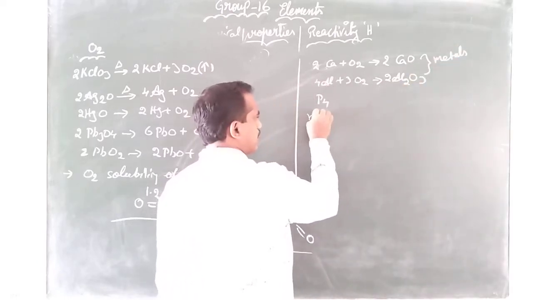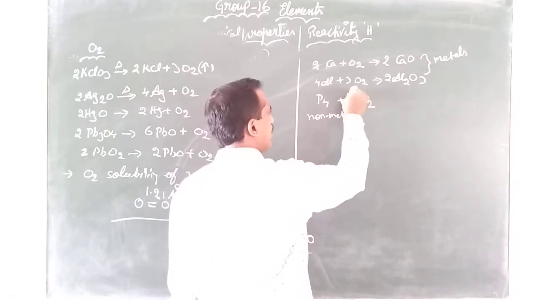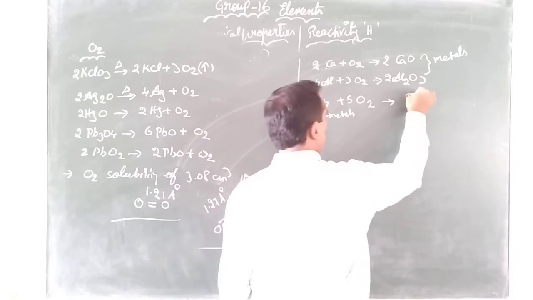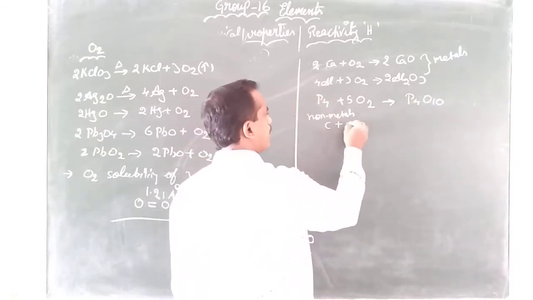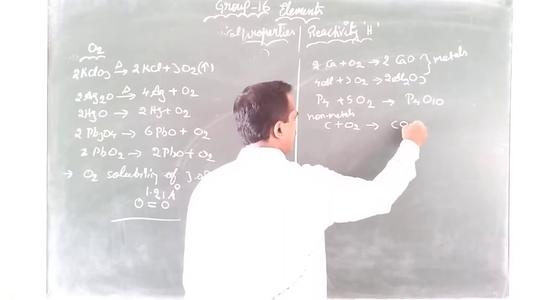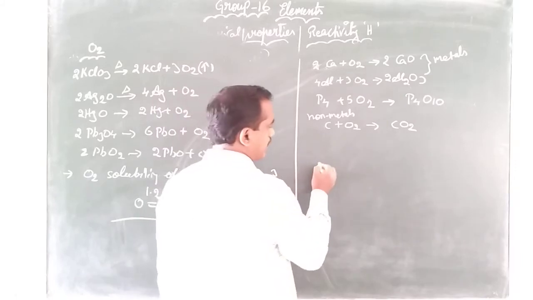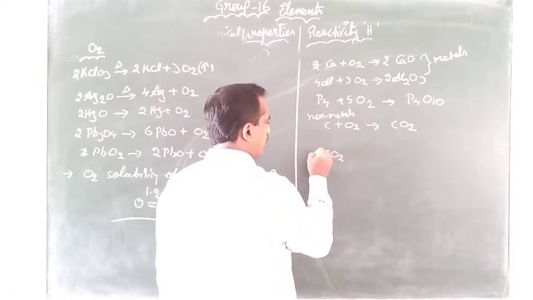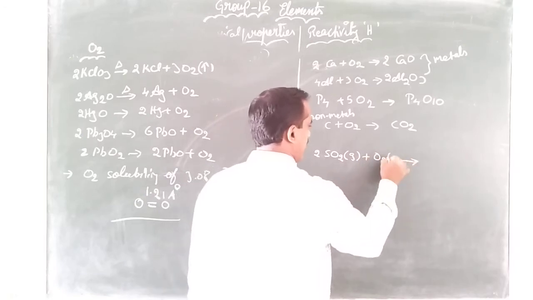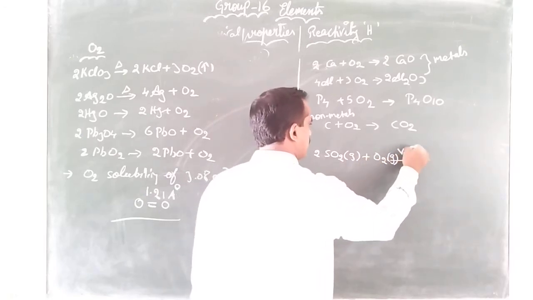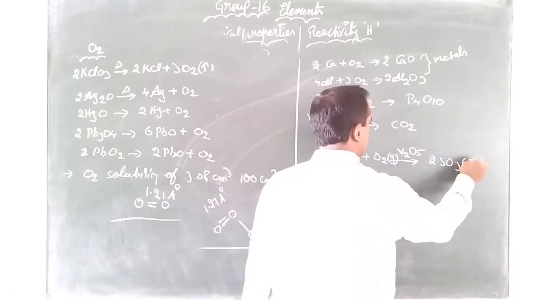Coming with non-metals, it is reacting with a non-metal like phosphorus to form P4O10, or with carbon it is forming carbon dioxide. At times we can also see some of the other reactions, like sulfur dioxide gas reacted with oxygen gas in the presence of a catalyst called vanadium pentoxide to be oxidized into sulfur trioxide.